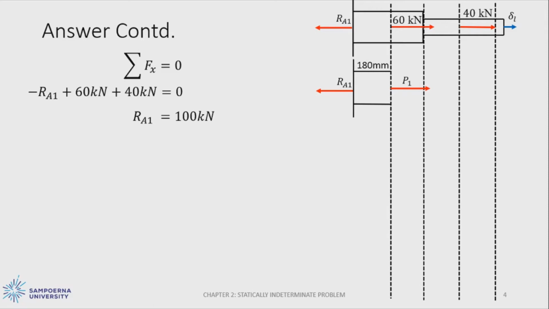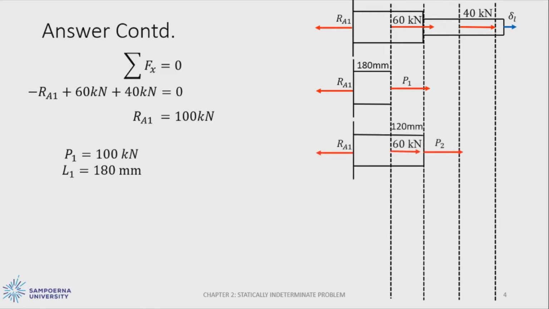So the P1 will have the same value as the RA1, which is 100 kN. And for L1 we have 180 mm from the dimensions of the system. Then we go to the second partition.